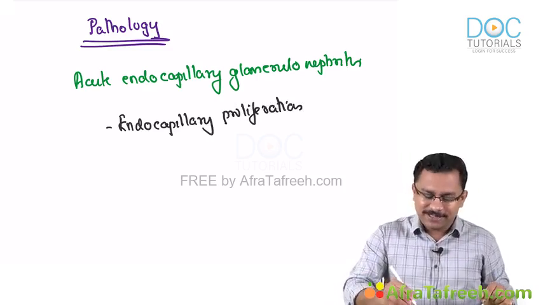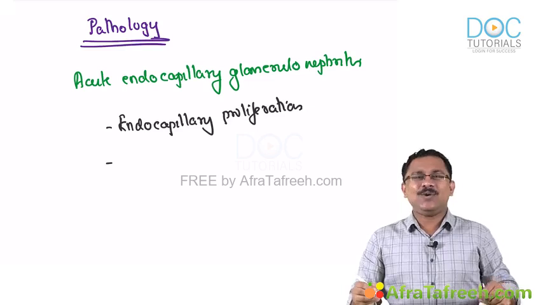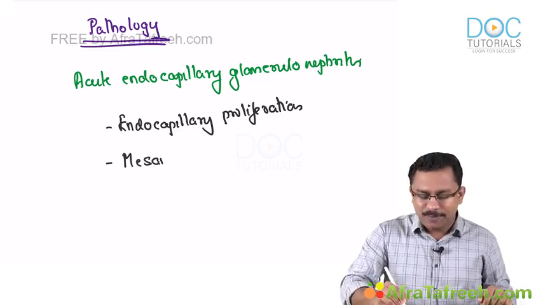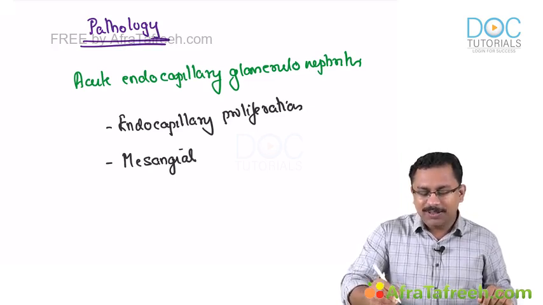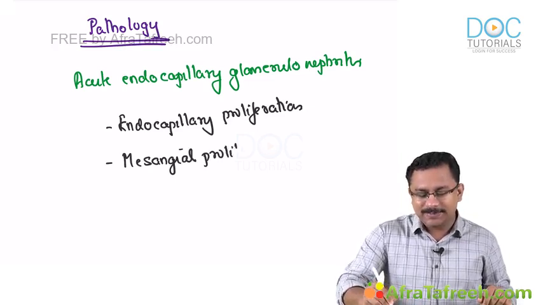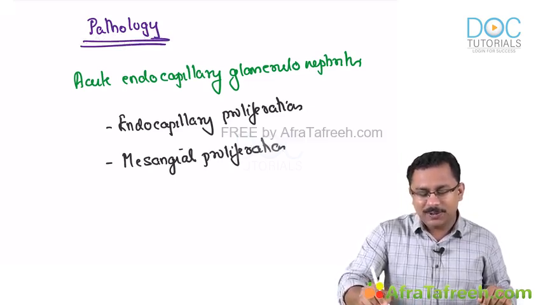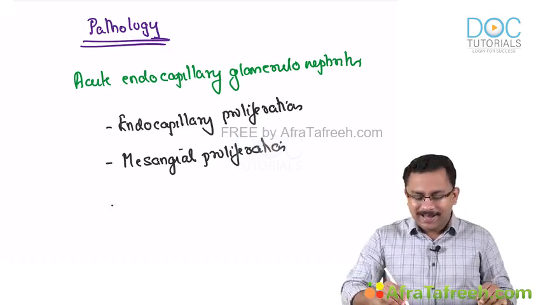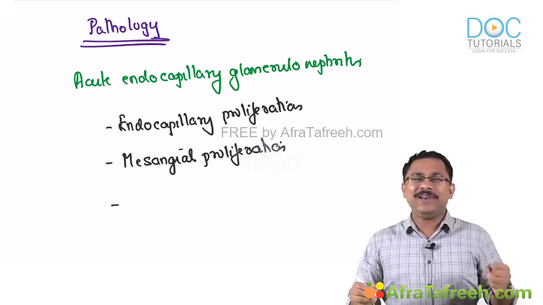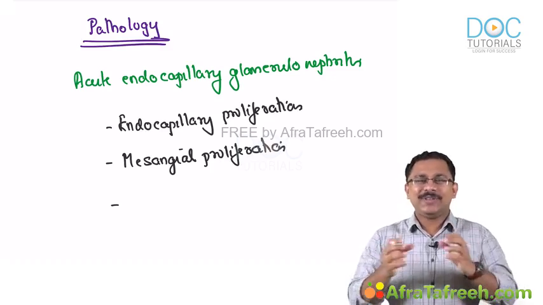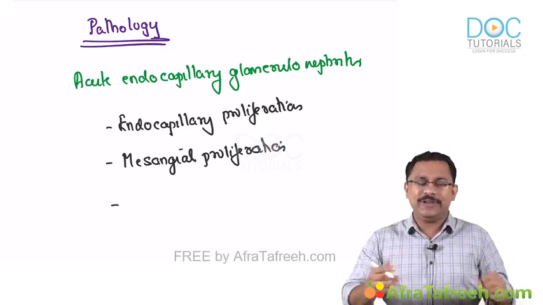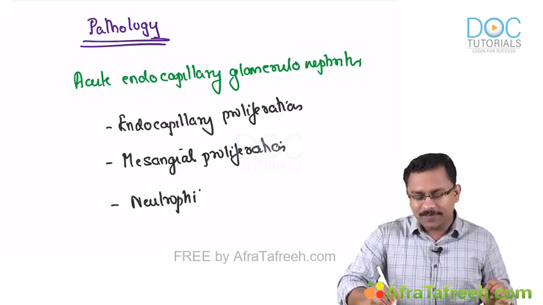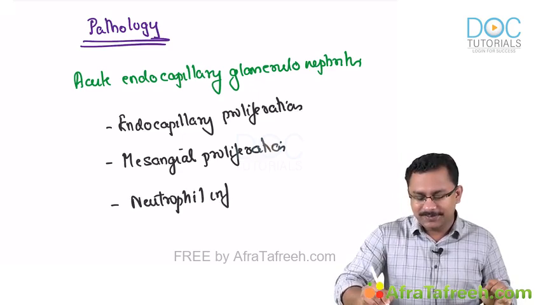Plus you can have other features like mesangial proliferation. So both endocapillary as well as mesangial proliferation can be associated with this. And then you will have neutrophil infiltration, the inflammatory cells like neutrophils.